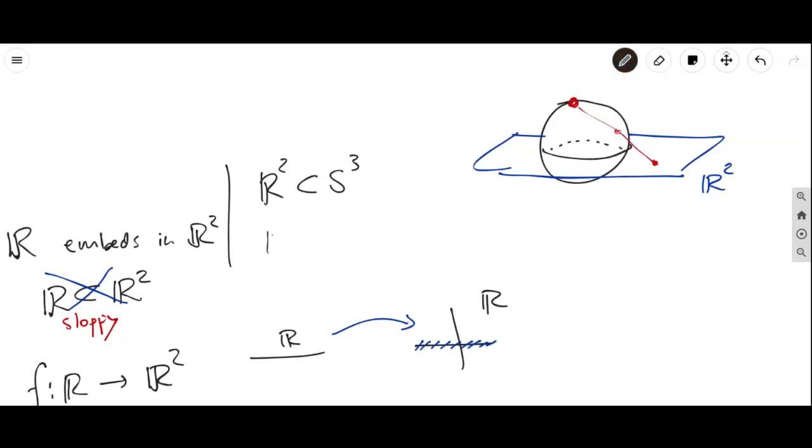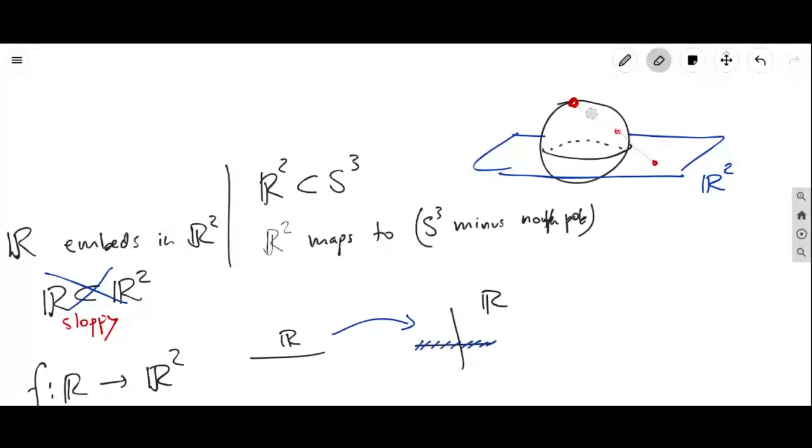So what would happen is then R2 will be mapped to the sphere minus the North Pole. So that would be the one point which is missing. But you can see that, so you have this point and you have this point.